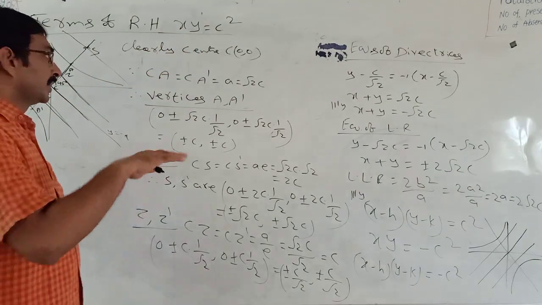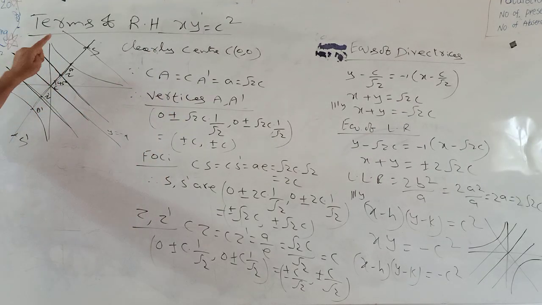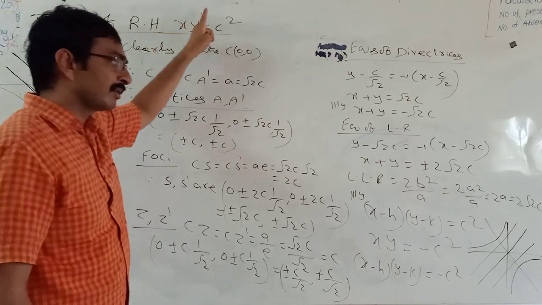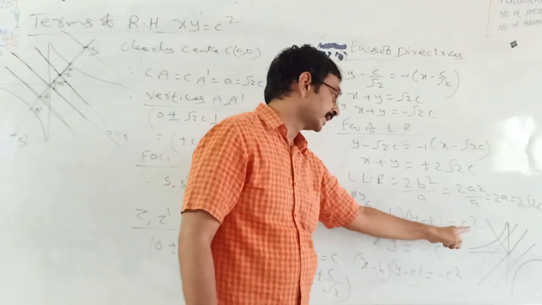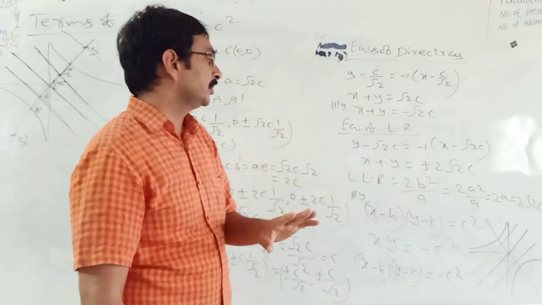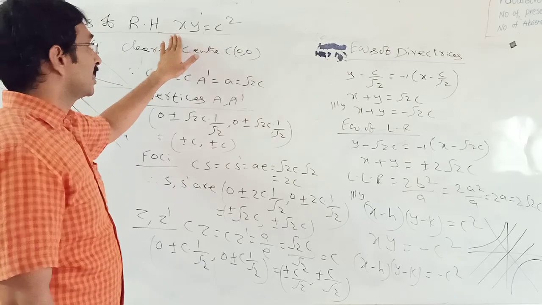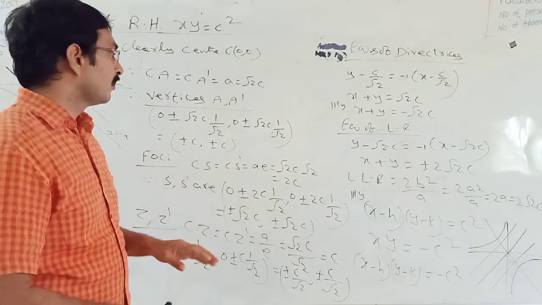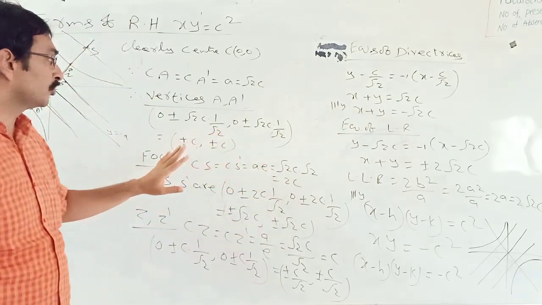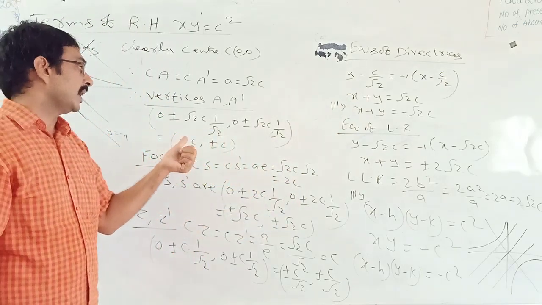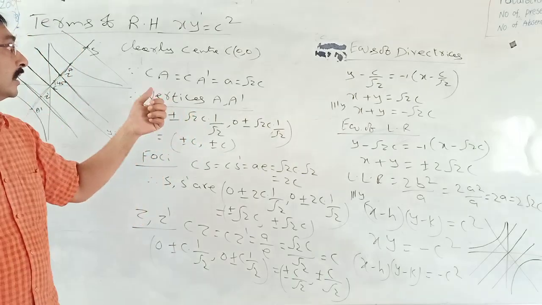Next, if we shift the origin to the point h comma k, then this equation becomes x minus h into y minus k equals c squared. All of you know how to find the terms of this one from the terms of xy equals c squared: a working rule for points and a working rule for lines. For points, we have to add h to the x coordinate and k to the y coordinate.